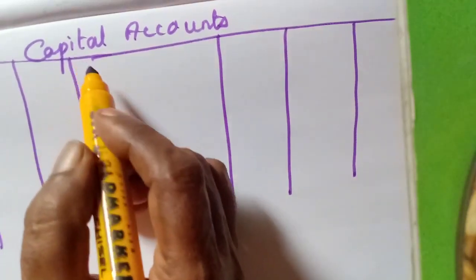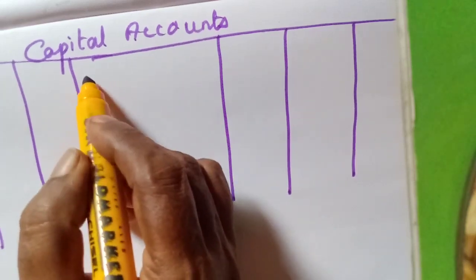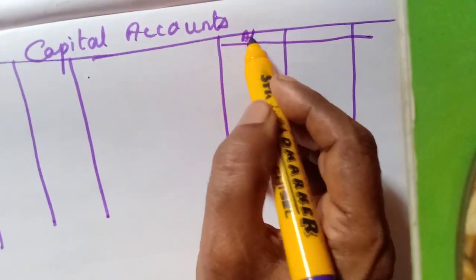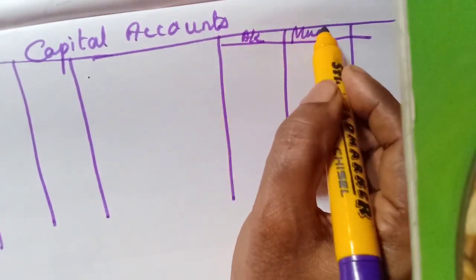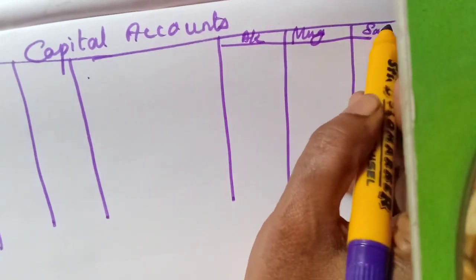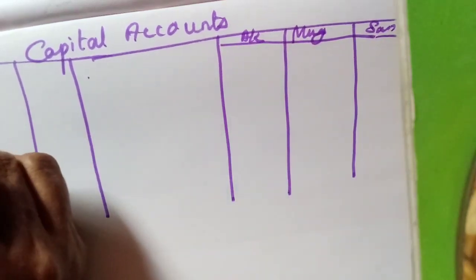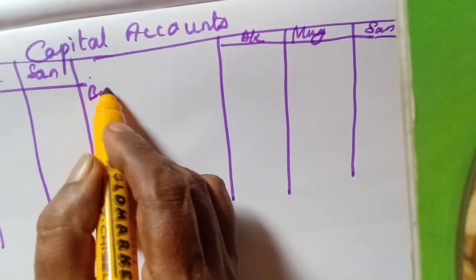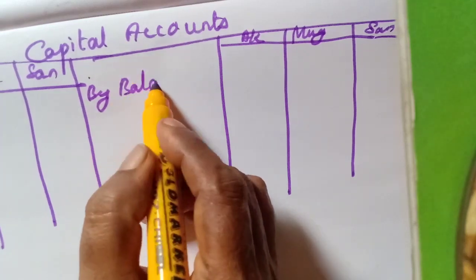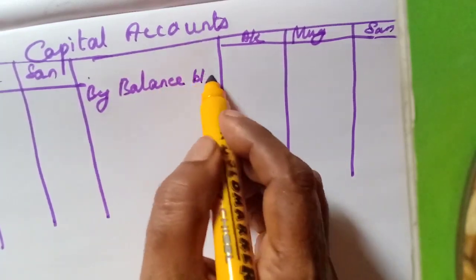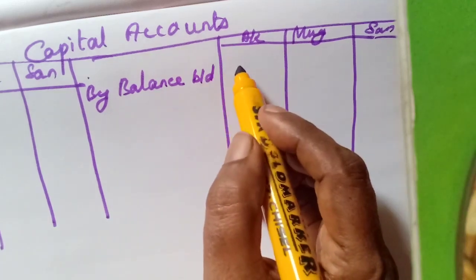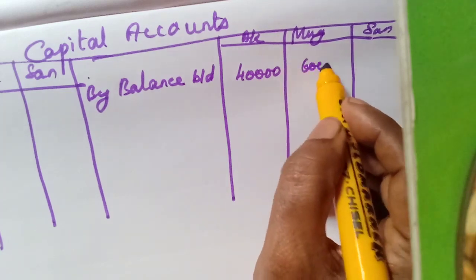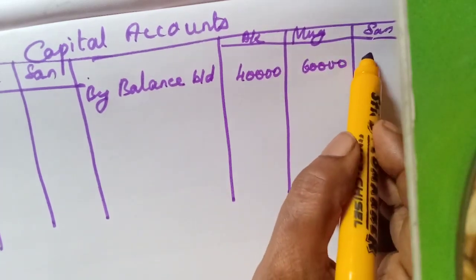Now first opening capital by balance. Then we will write the partners' names, isn't it? Akash, Mukesh, Sanjay. By balance brought down 40,000, 60,000, 30,000.